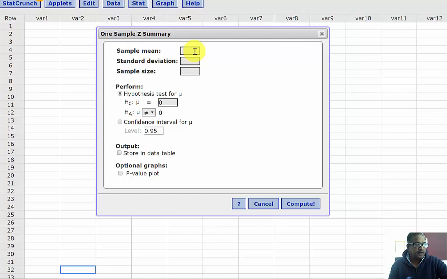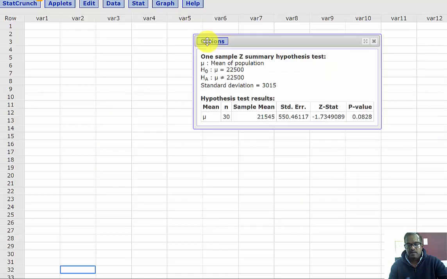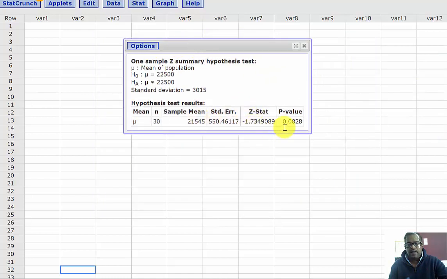The sample mean of 21,545, standard deviation of 3,015, sample size of 30, and we want mu to be null hypothesis 22,500 and alternative is mu is not equal to. So everything is right, and then say compute. So here we get the p-value of 0.0828.